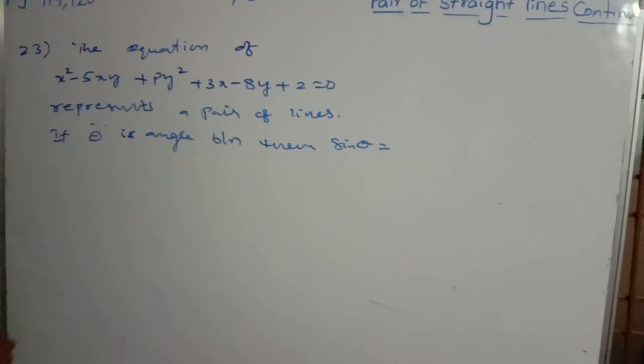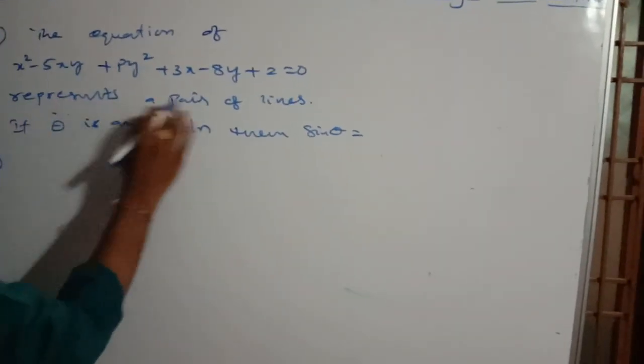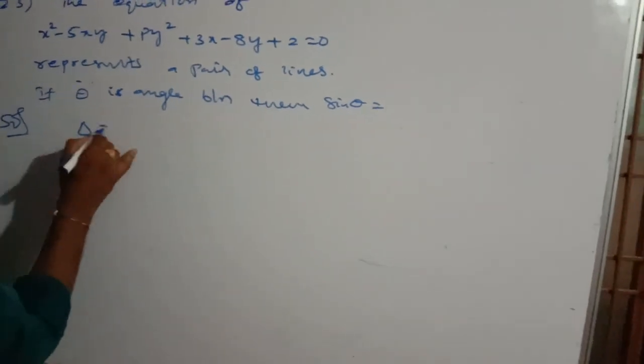First we will find the p value. Now it represents a pair of lines, that means delta is equal to 0.